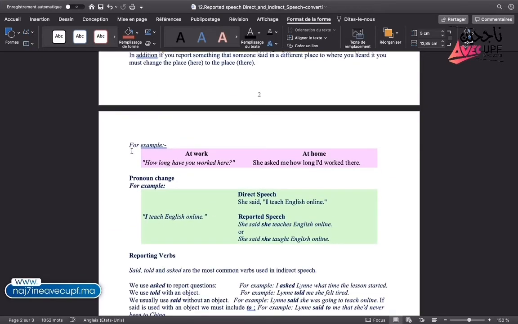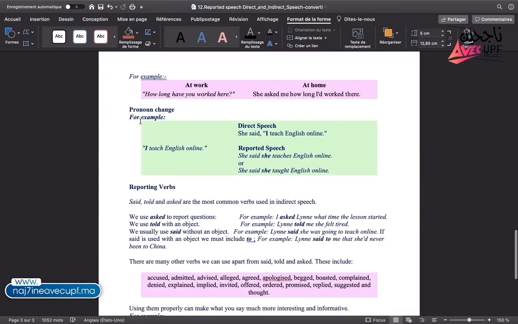مثلا for example at work: how long have you worked here? She asked me how long I had worked here. هنا في la question، كتشوفوا l'exemple exactement, ça marche.